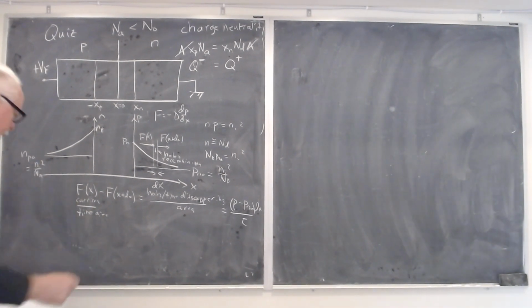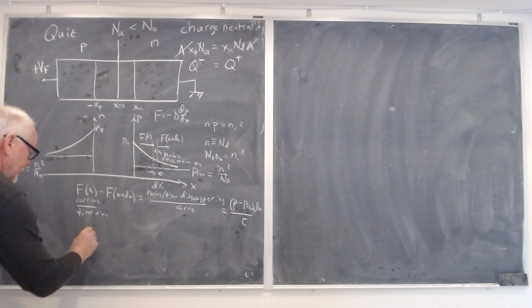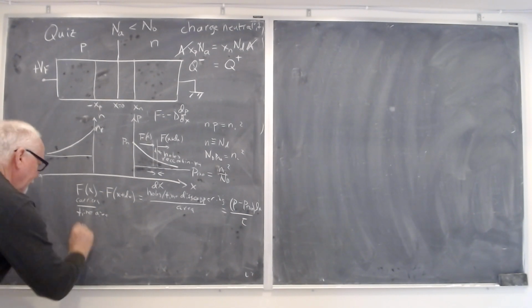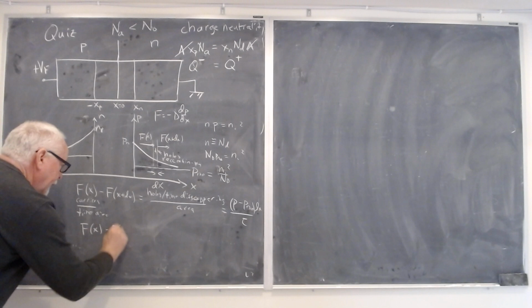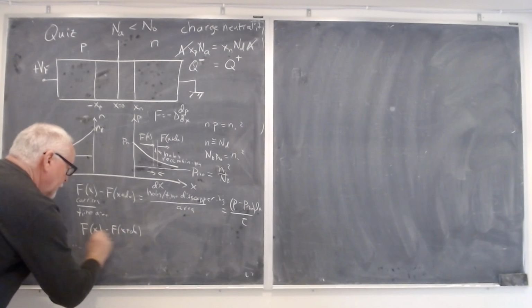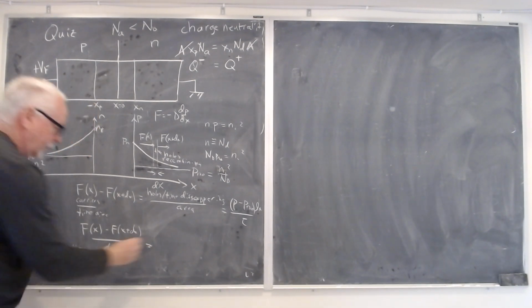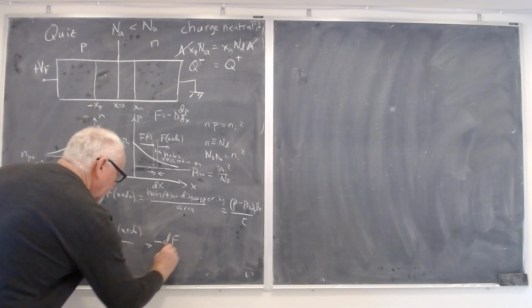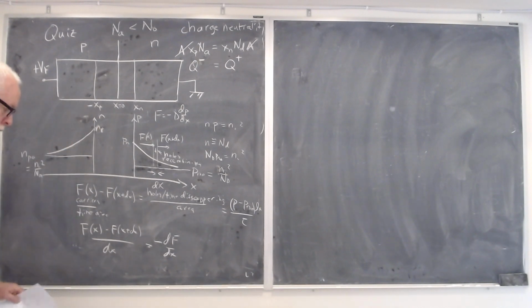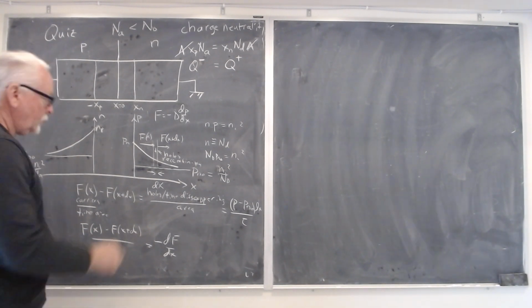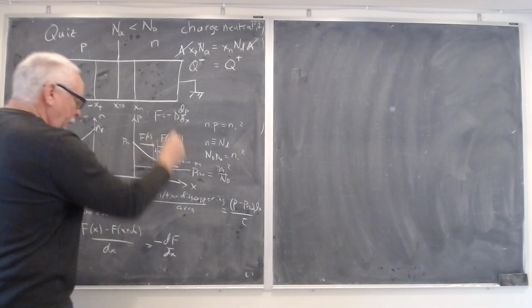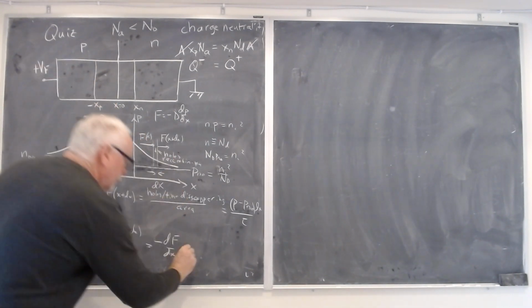And then we put this on the other side. F of x minus F of x plus dx over dx, what is that? That's minus dF dx, going back to your first calculus class. And F is minus D dp dx, so the minuses cancel.